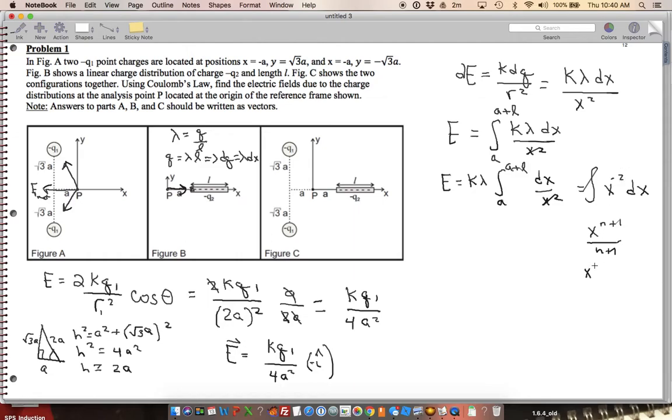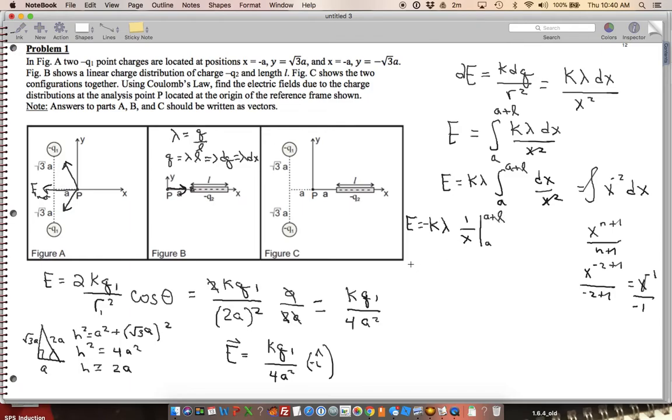N is negative 2, so negative 2 plus 1 over negative 2 plus 1, which is x to the negative 1 over negative 1. So E is equal to K lambda, and x to the negative 1 is 1 over x, and I'll put the negative outside, evaluating from A to A plus L.